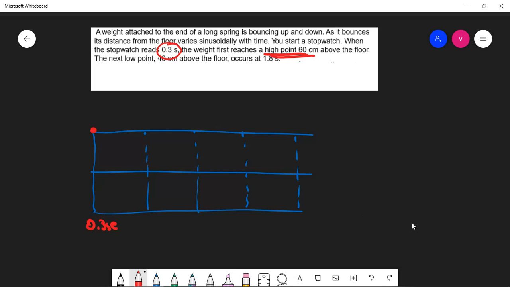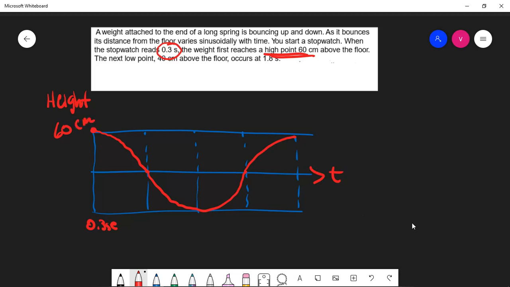So go ahead and draw a wave that reflects a high point first, high to middle, middle to min, min to middle, middle to max again. And it said it was 60 centimeters. So this is the height here. This is your time going in this direction. So it says 60 centimeters above the floor.